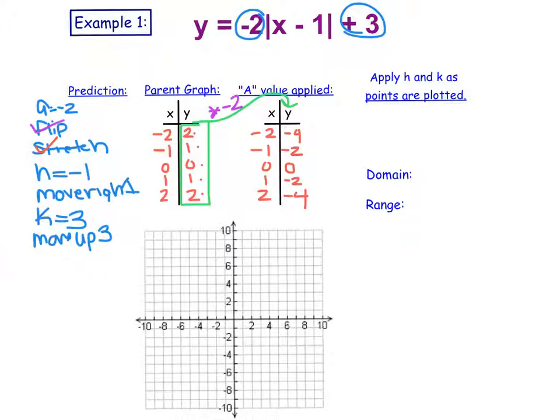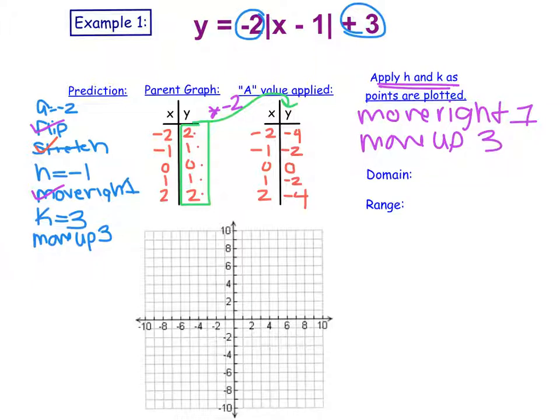And as I go to plot these, I'm going to apply my h and k values. So remember, in order to apply h and k, we're going to move right 1 unit, and we're going to move up 3. So I go to my first point of -2, -4.